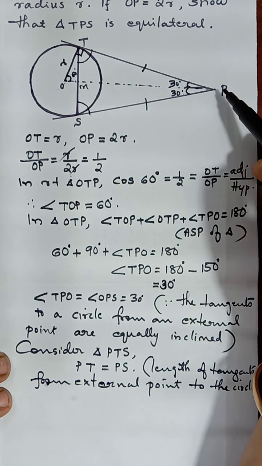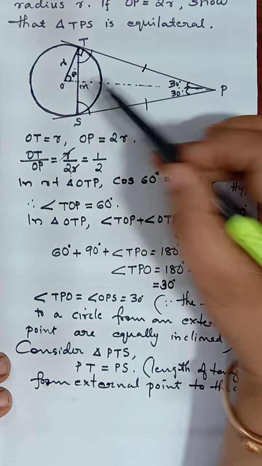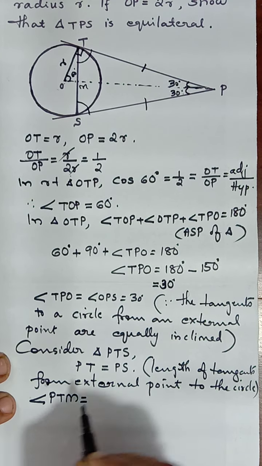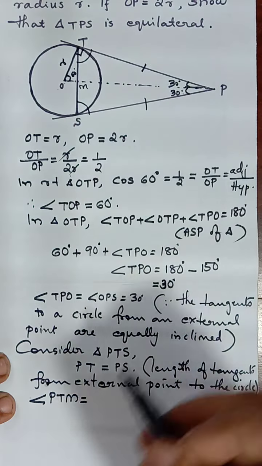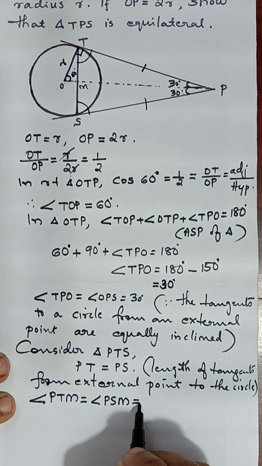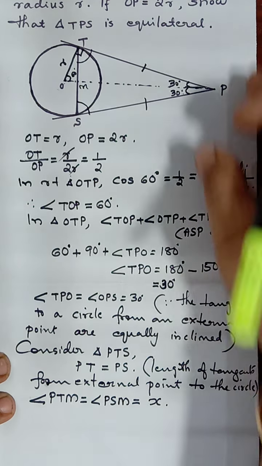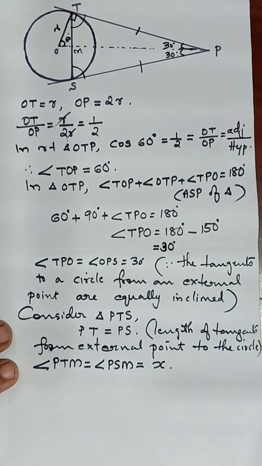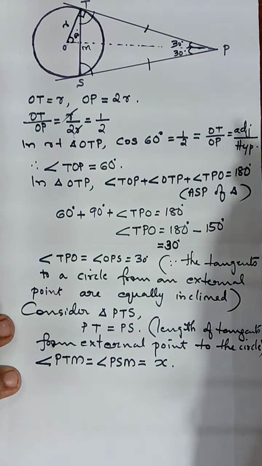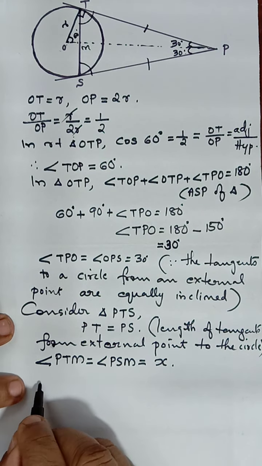Therefore, angle PTM is equal to angle PSM. Let it be equal to X. Now we are going to take the angle sum property in triangle PTS.